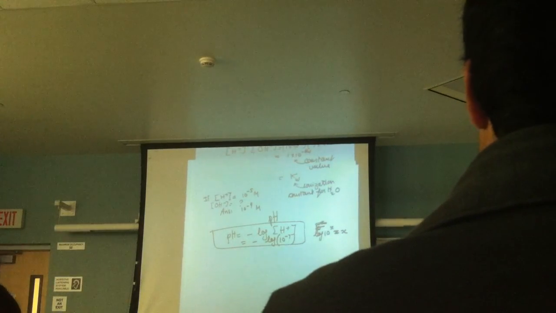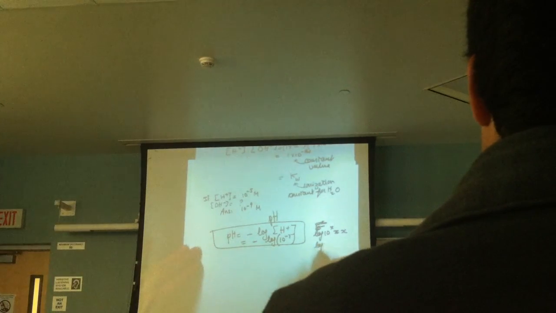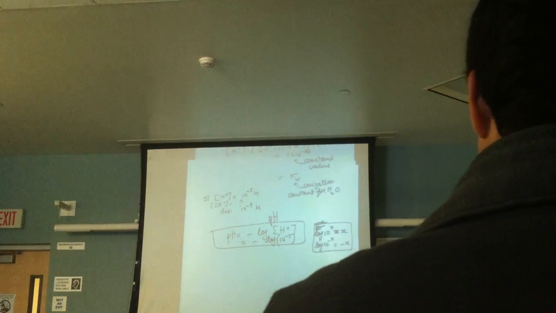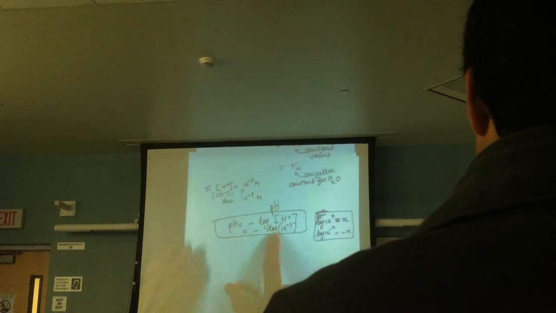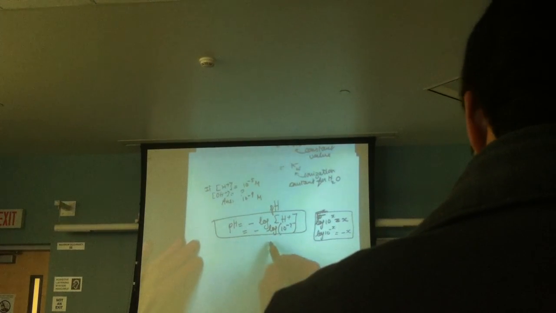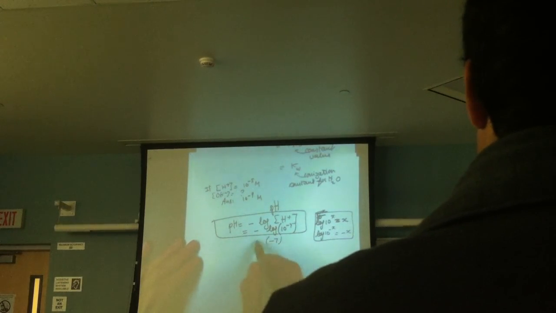How about log of 10 to the negative x? It is equal to negative x. Good, you have good background. I like that. So log of 10 to the negative 7 is equal to what? Negative 7. But there is a negative out here. Negative times negative will give you what? Positive 7.